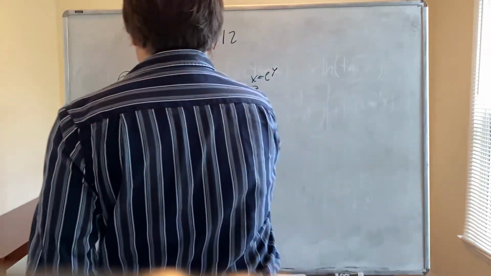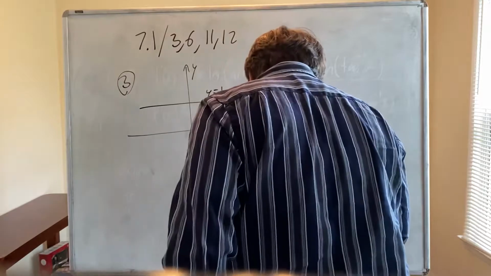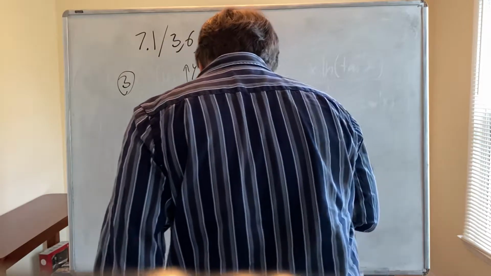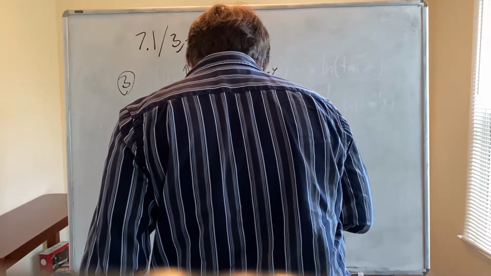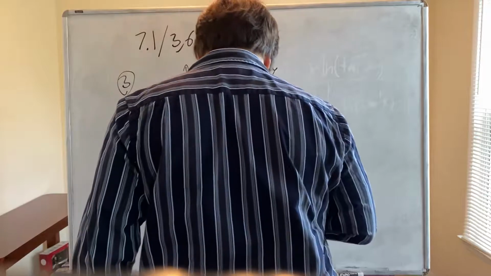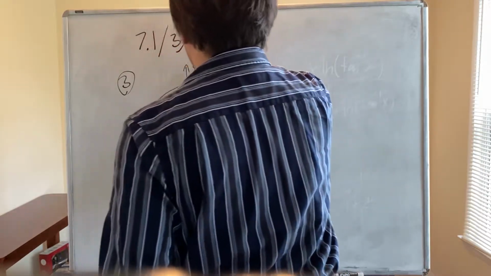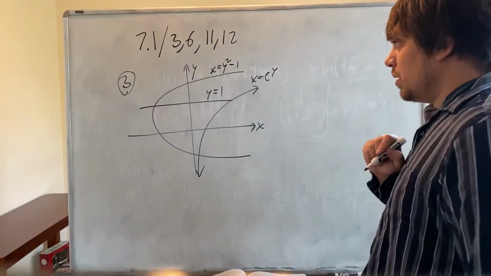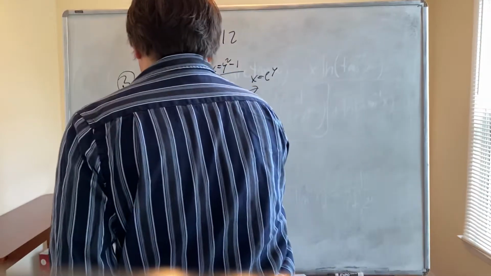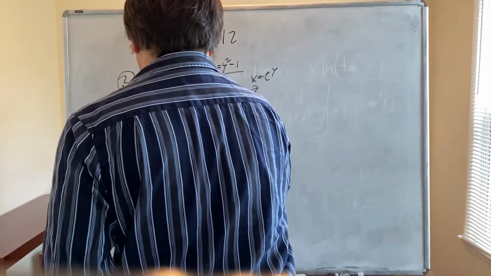We have y equals 1. We have x equals y squared minus 2. And we have y equals negative 1. That little thing right there, that's y equals negative 1.